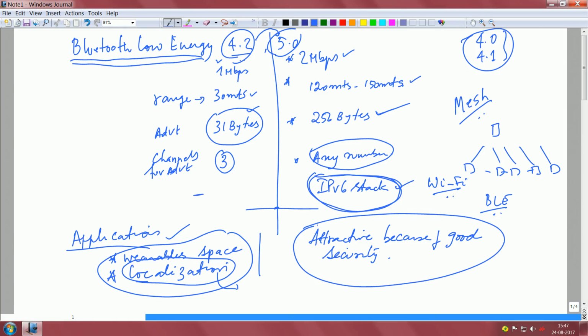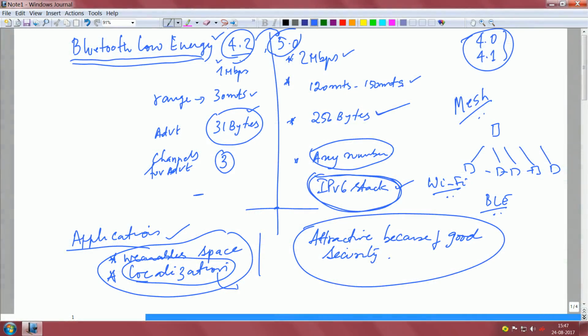This is also very exciting because it has a very attractive security feature. Remember what I have been saying all along: without security the Internet of Things is going to fail. You can't be talking about billions and billions of devices which are insecure. Therefore communication security is indeed critical.